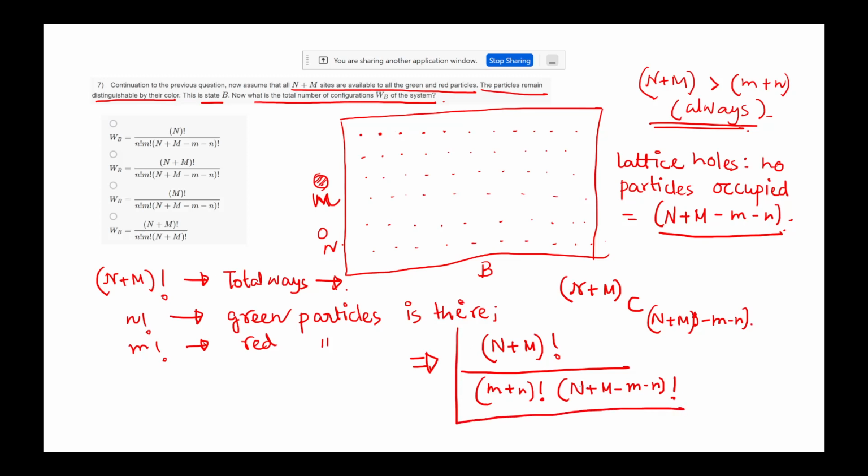This would be the answer if those particles were indistinguishable, meaning not distinguishable by their colors. This should be the distribution.